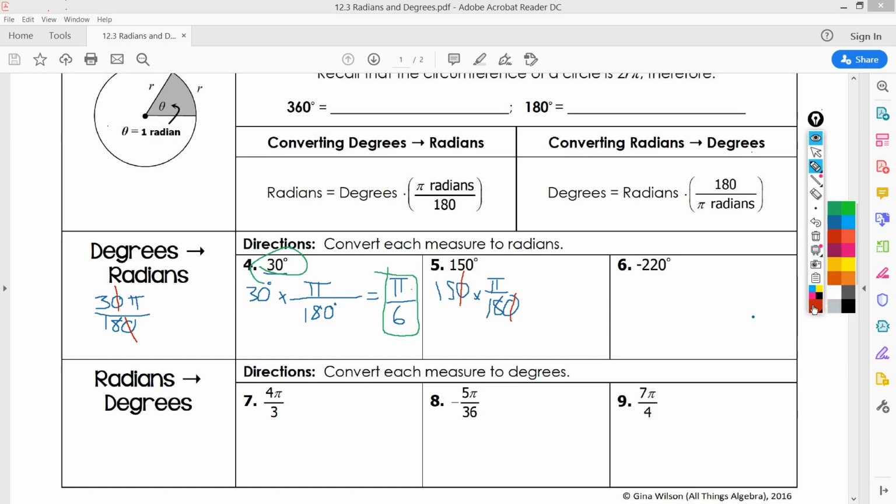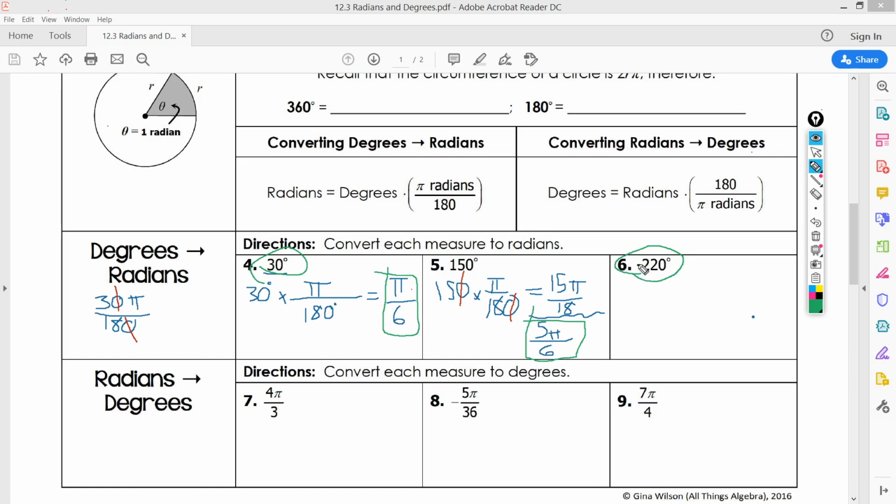So I have 15 pi over 18. And I can divide both of these by 3, right? 15 divided by 3 is 5. 18 divided by 3 is 6. So the answer is 5 pi over 6. And that's our answer. Very easy.